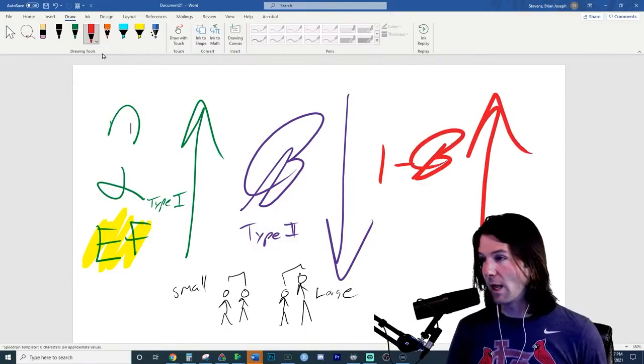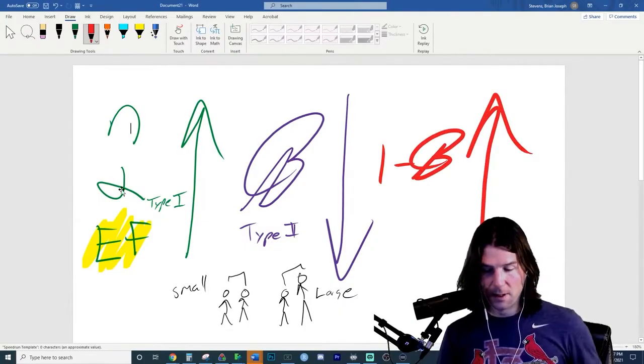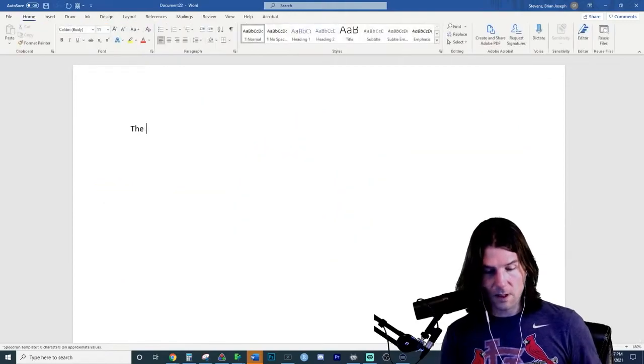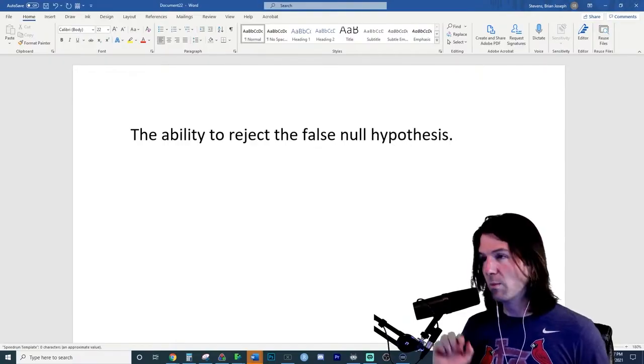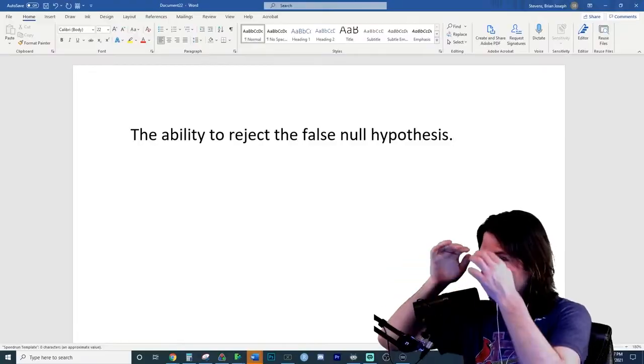Power, and this is a good definition to write down, is the ability to reject the false null hypothesis.